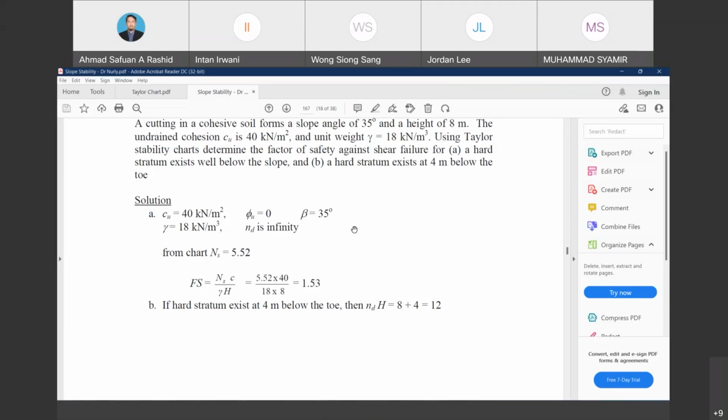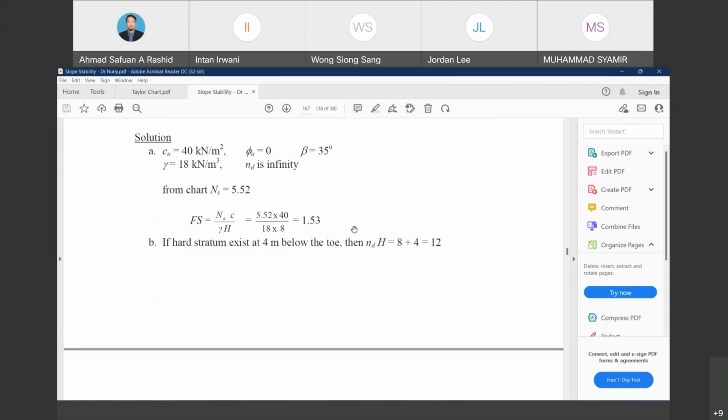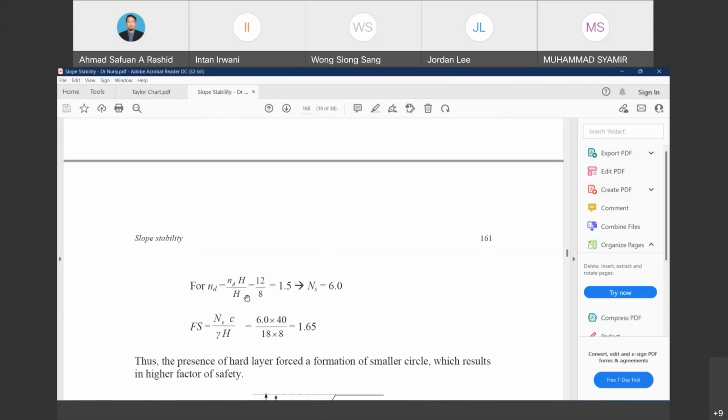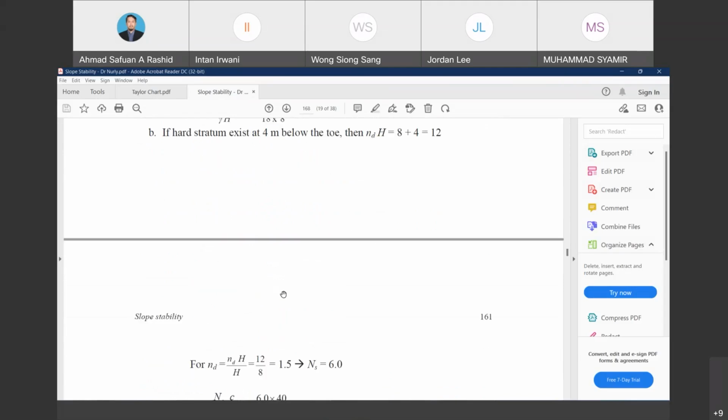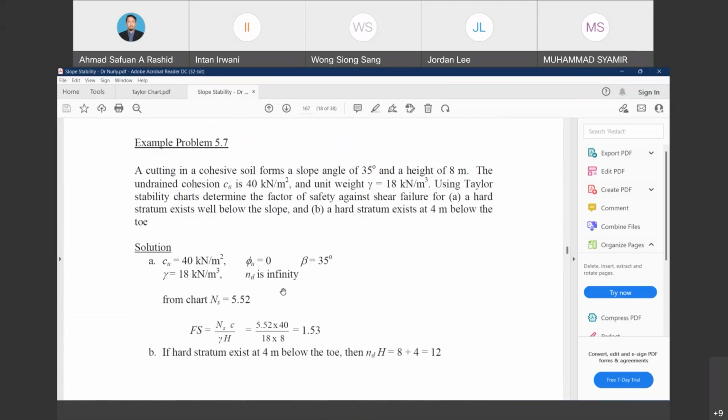If NDH is equal to 8 and we divide by 8, ND is supposed to become 1. That's why I'm not sure why he states ND is equal to infinity here, unless the hard stratum exists far below the slope.